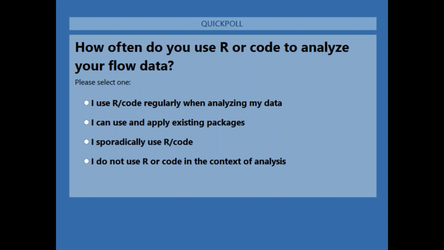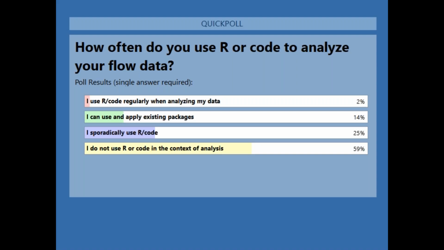Okay, looks like the result submissions are starting to slow down, so I'm going to go ahead and close out this poll. And here's what we've got. Looks like the majority of people listening today do not use R code for their flow cytometry analysis, but there's definitely a good chunk out there that use it for some parts of it. Thank you for participating in that, everyone.